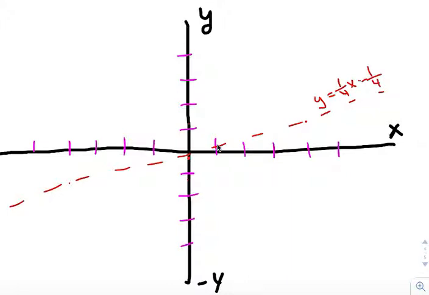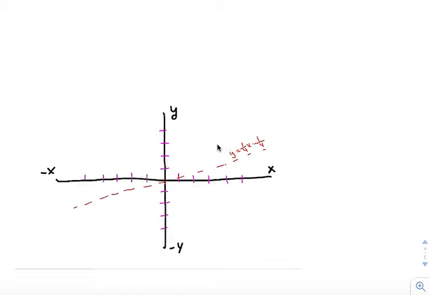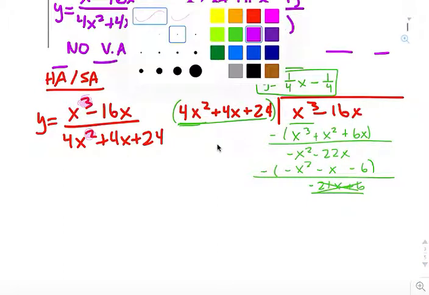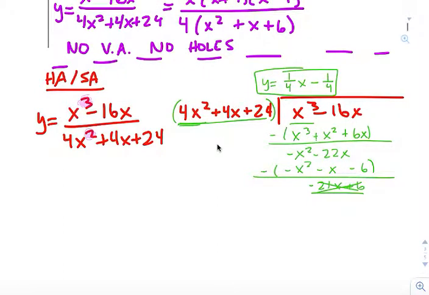Okay. Now, remember, this is going to define most of their end behavior, but we still have to determine whether or not it can cross. Again, we created a barrier, and now we've got to figure out if we can at all cross that barrier. And so, to answer whether or not we can cross this barrier, we basically have to see if two things can be equal. We have to see if our slant asymptote can ever be the same as our function, because graphically, that's what equality means.